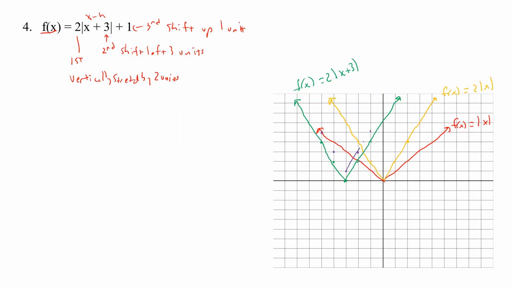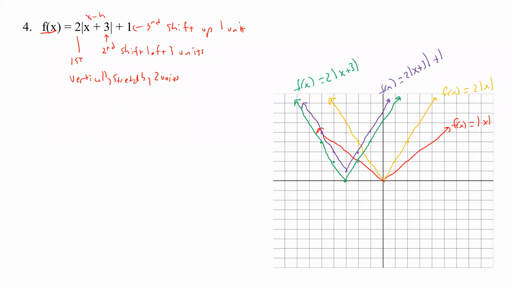So something like that. And so then that's f of x equals 2 times absolute value of x plus 3 plus 1. Okay, and so we're just moving our way through all these transformations to get to our final graph.